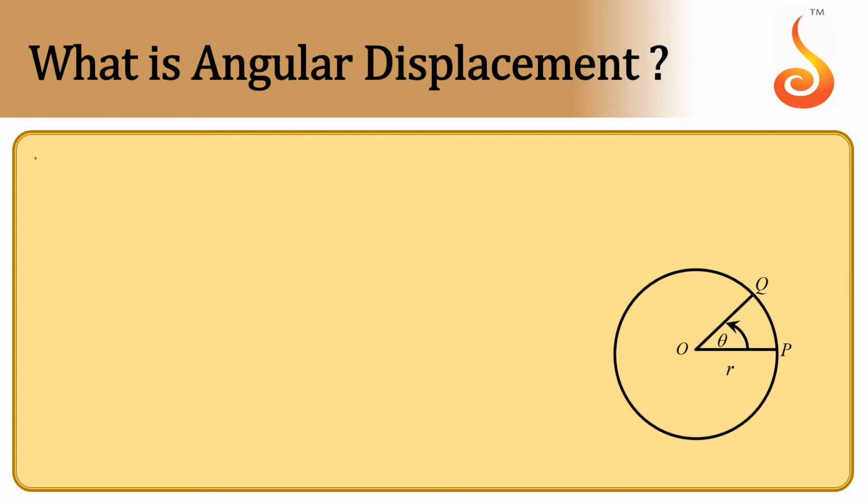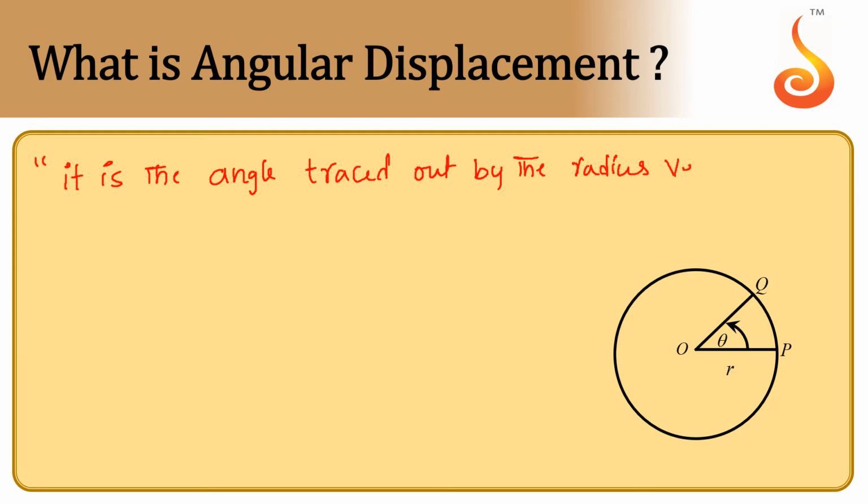The definition for it is the angle traced out by the radius vector at the center of the circular path.